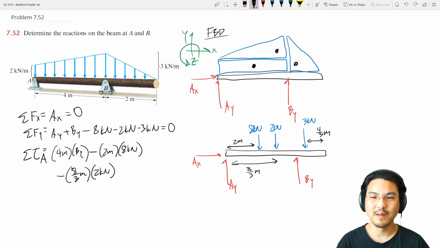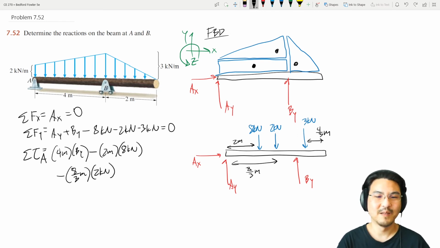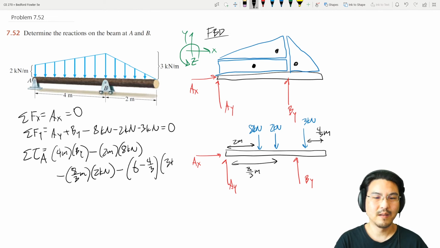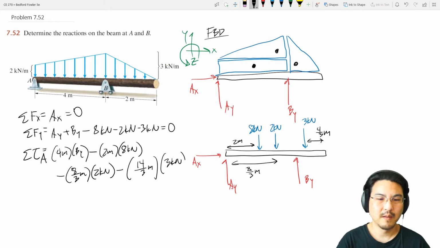So here to here is 6 minus 4/3. Okay, 6 minus 4/3 is like 18 over 3 minus, so 14 over 3. Okay. So all that equals 0.